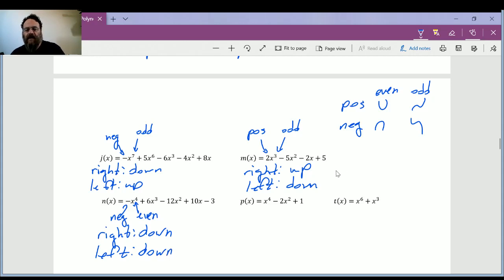And then these last two here, I'm just going to abbreviate right and left. This is even and positive, so right is up, left is up, and this one is also even positive, so right, up, left, up.